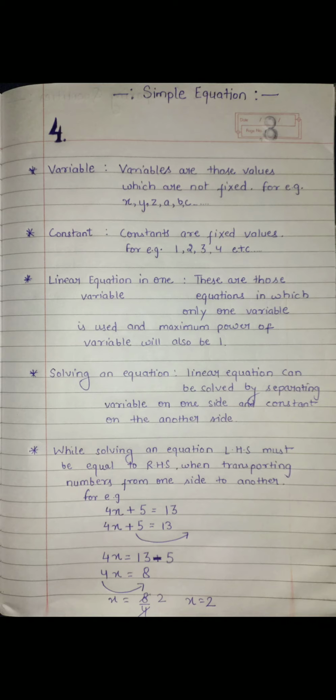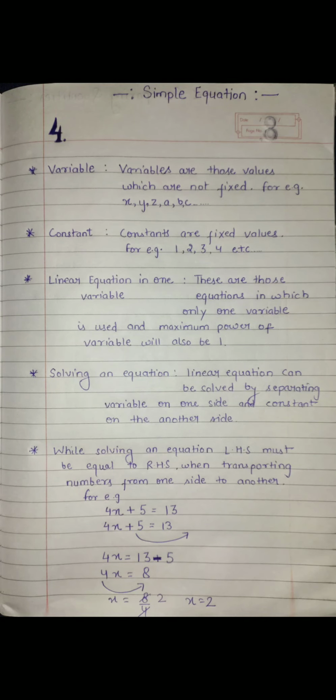Here are some things that still need to be mentioned. While transporting variables or constants, we have to keep in mind that their sign must be changed. A positive term will become a negative term after transporting.